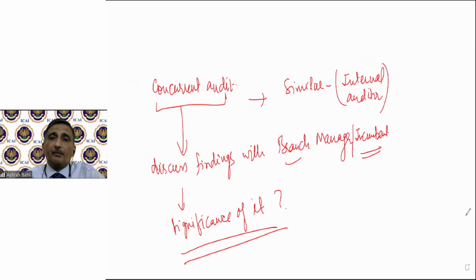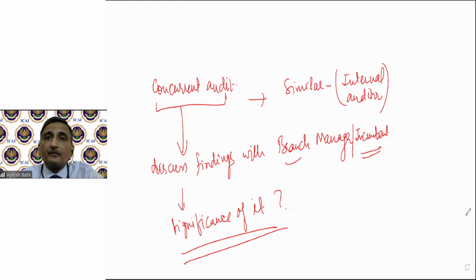So, students, before the concurrent auditor gives his findings in writing for a month, he should discuss them with the branch in charge to get his point of view, what the branch management has to say about this particular finding. It is quite possible that a second view is also possible.